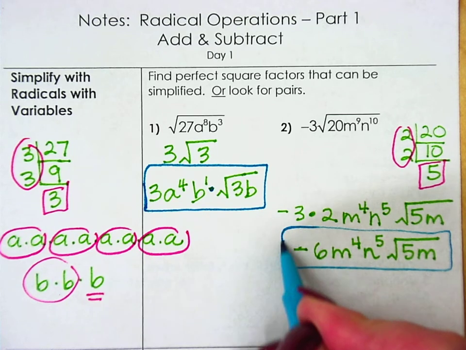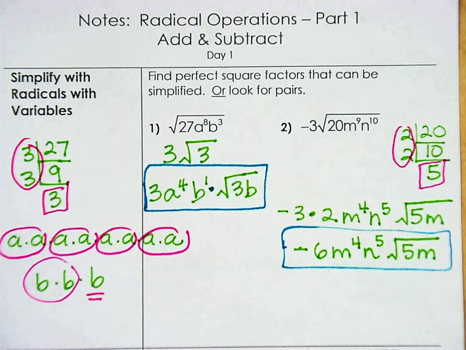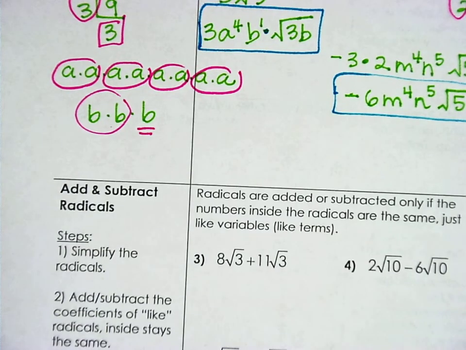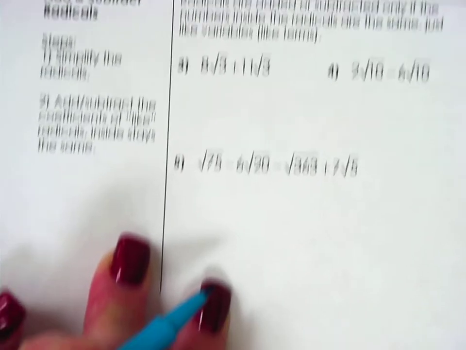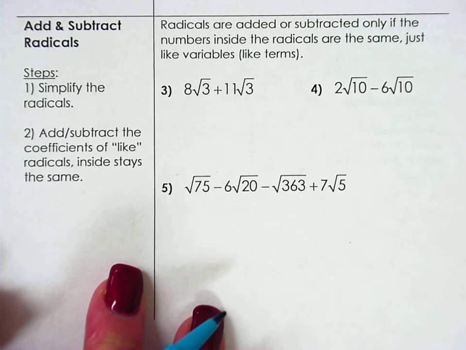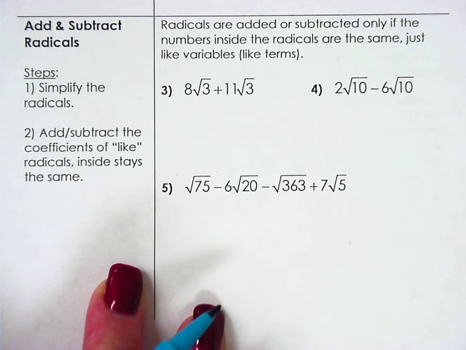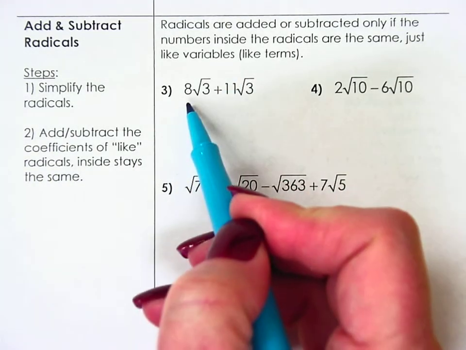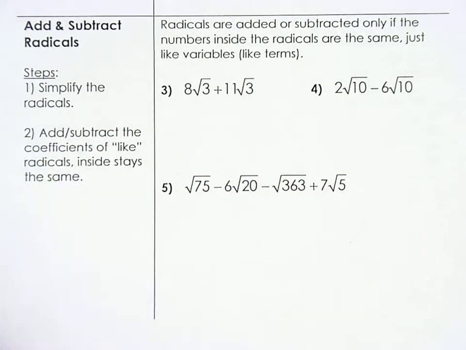So there's our simplifying. So now let's extend this out to the idea of adding and subtracting radicals. Okay, so when you're working with adding and subtracting radicals, it's just like having like terms. So when I look at problem number 3, we see 8 radical 3 plus 11 radical 3.